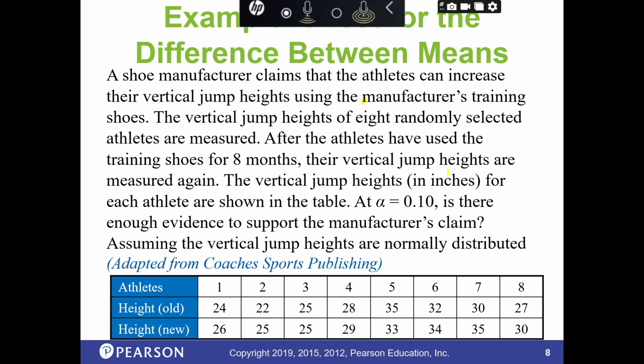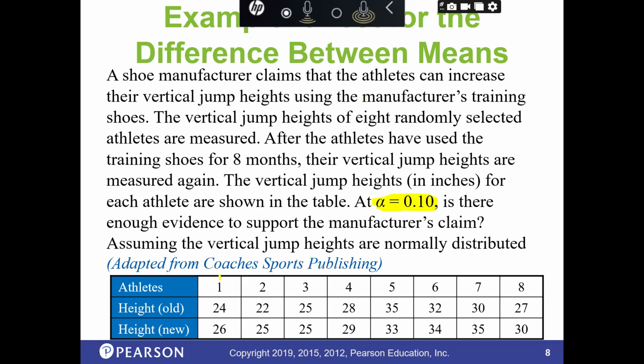The shoe manufacturer wants to increase the vertical jump heights. They select 8 randomly selected athletes, and notice they use the shoes for 8 months and then test the vertical jump again, in inches. Alpha level is 0.10.